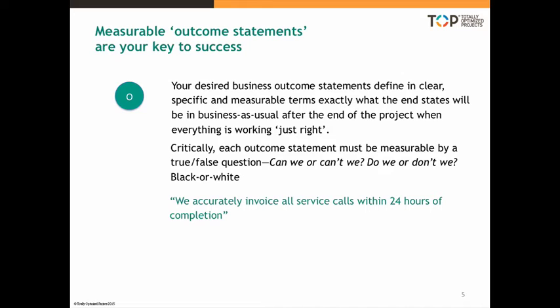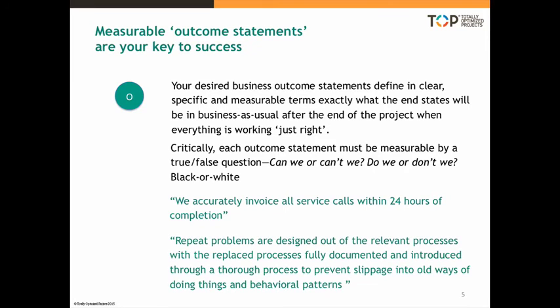So if at the end of this project, when everything has been done and everything is working just right, not all invoices are accurate, or not all invoices are generated within 24 hours, then we haven't achieved this outcome. Then we know that some of the benefits associated with this outcome will not be achieved in full. We can track it, we can measure it, we know what our measures of success are.